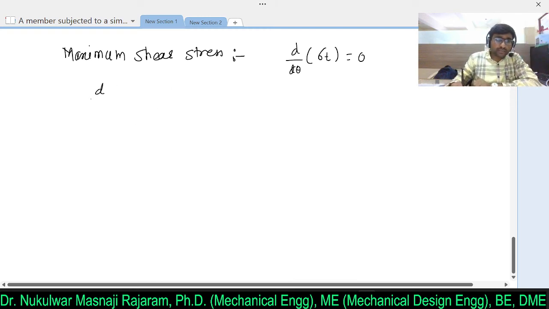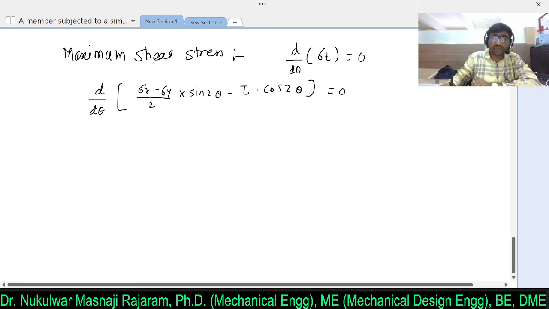So let's rewrite the same equation: d divided by d theta of the bracket (sigma x minus sigma y) divided by 2 into sine of 2 theta minus tau into cos of 2 theta, equal to 0. This equation is for shear stress, the same equation I have just taken. Now let's take the derivative. For the first term, (sigma x minus sigma y) divided by 2 into sine 2 theta, the derivative is cos of 2 theta, and again you need to multiply by 2.